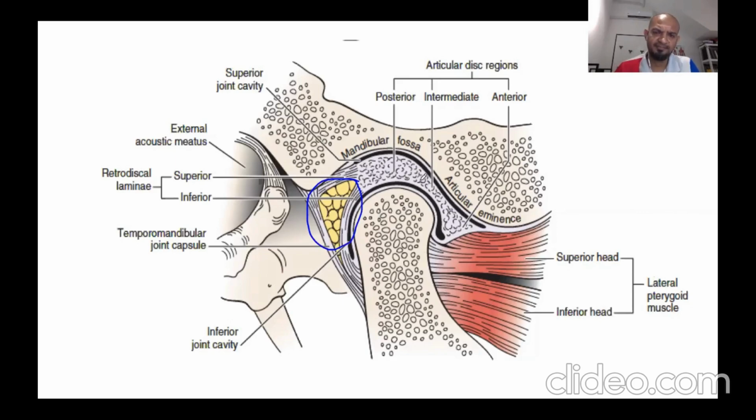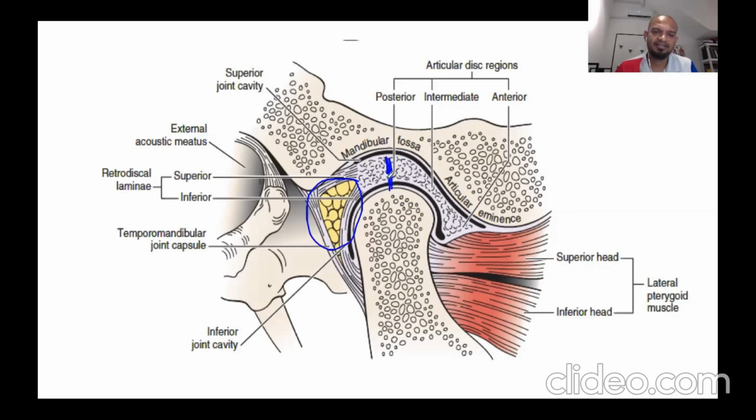When you look at the position of the disc, throughout the movement, the disc and its relationship with the condylar head will be maintained. Now that is called the centric relationship. So what is the centric relationship? The apex of the condyle will always be at the position of the posterior band.